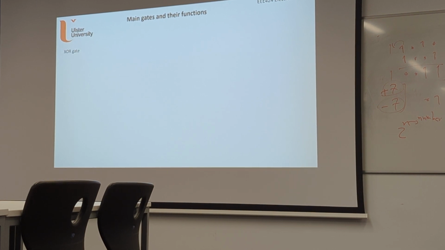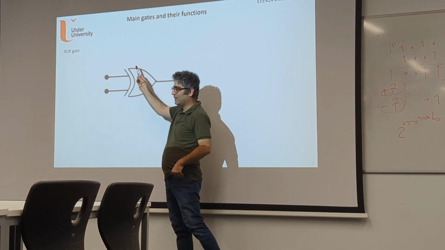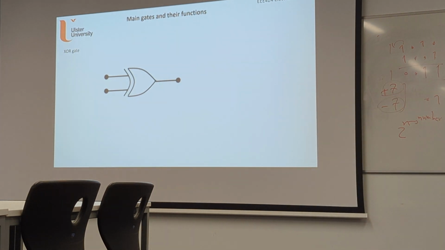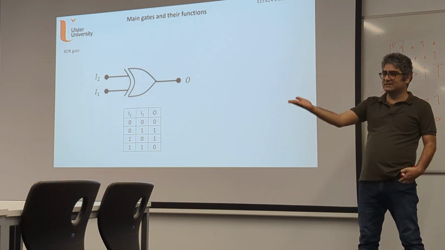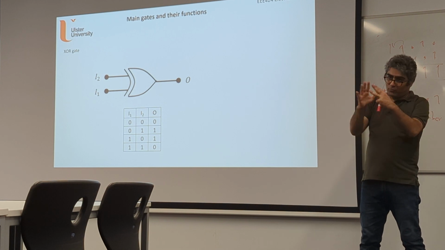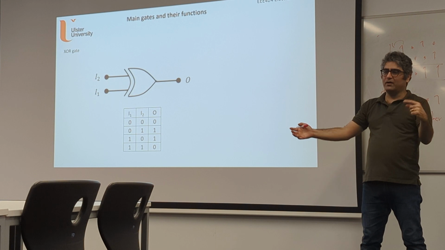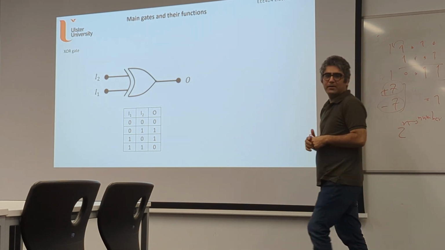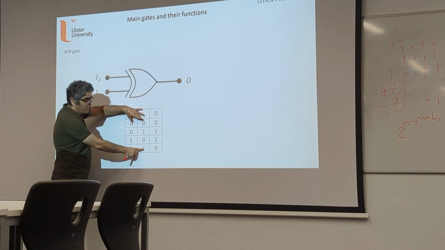Then we have XOR. It's an XOR gate. It's another basic gate. You know already. Then we have I1 and I2. Here it's a bit different style. In this case, if one of the inputs is 1 and the other one is 0, the answer is 1, otherwise 0. Or if we have more inputs, if an odd number of the inputs are 1, the answer would be 1. If an even number of inputs are 1, the answer would be 0. So imagine here, when both of them are 1, or both of them are 0, the answer is 0.